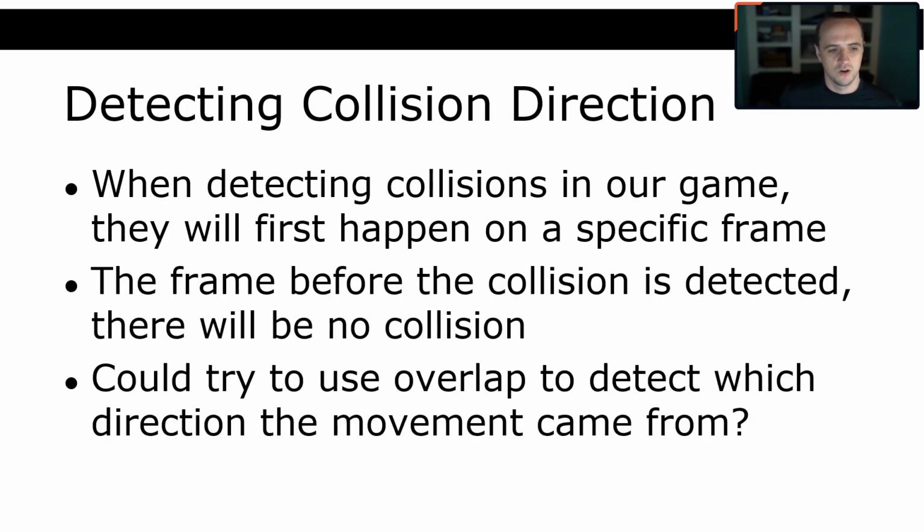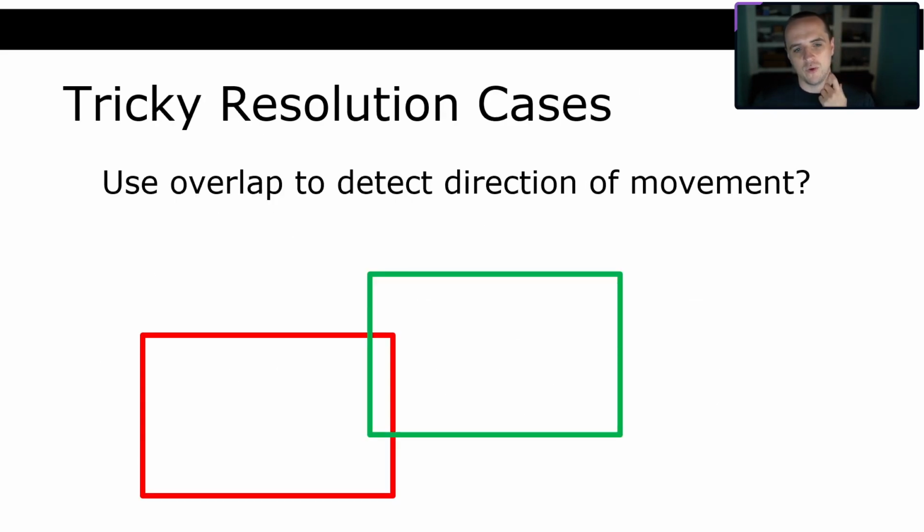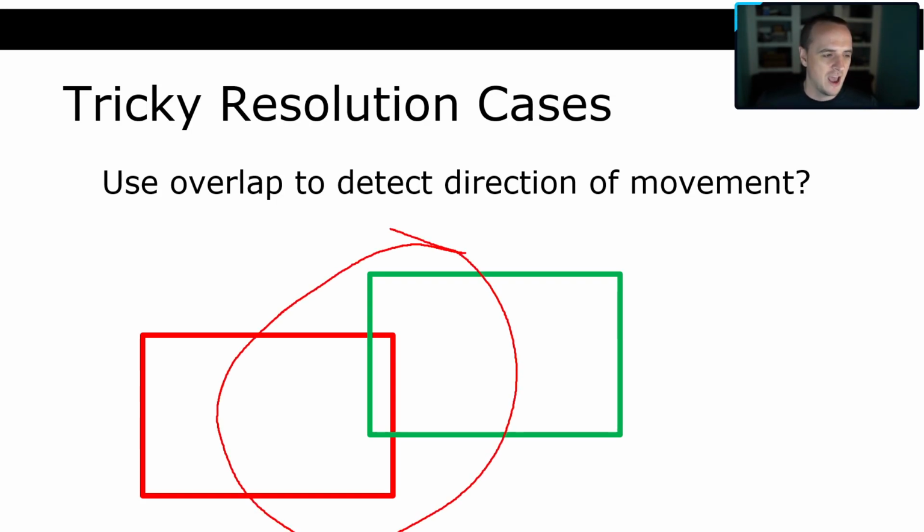So we could maybe try to use overlap to detect which direction the movement came from. So let's just look at this overlap. If this is all the information that we have right here, how would you resolve this collision?